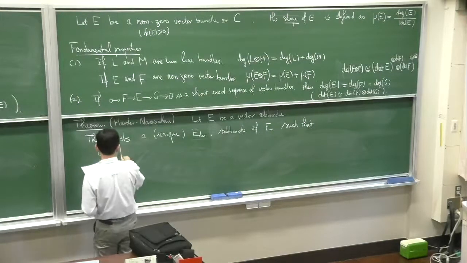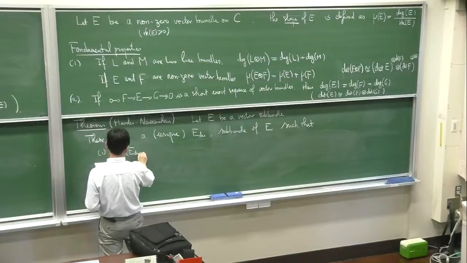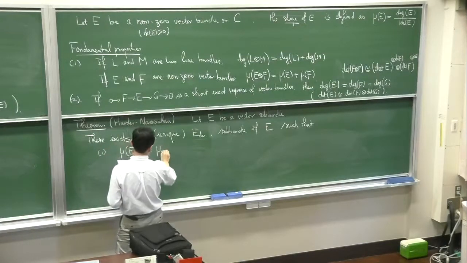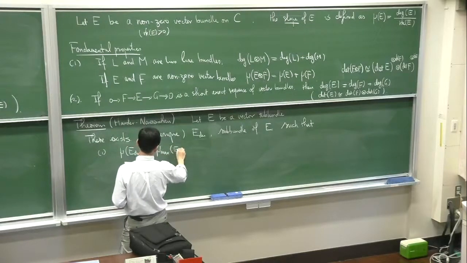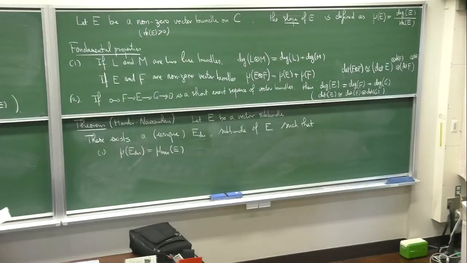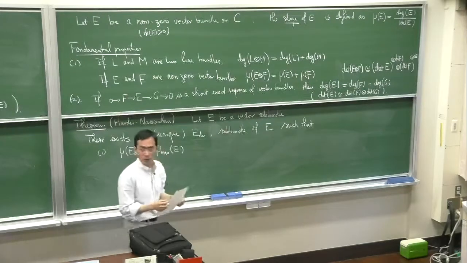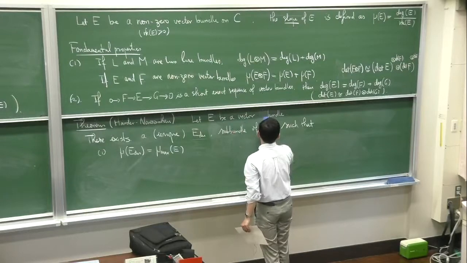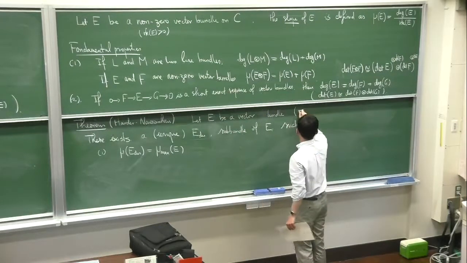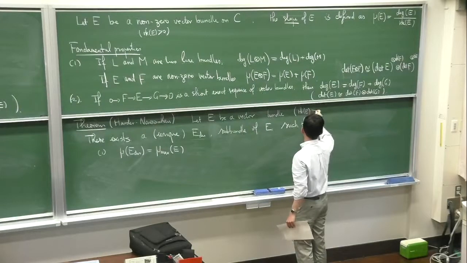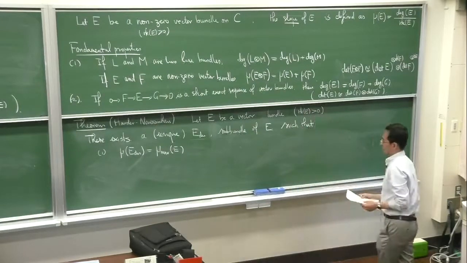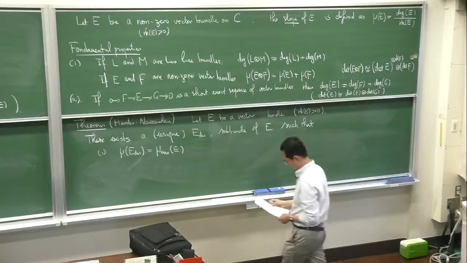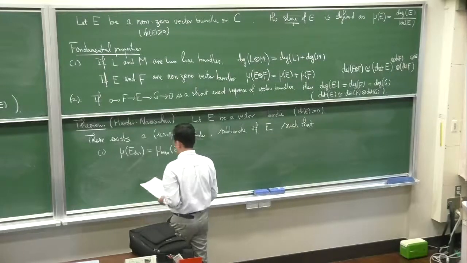First, this vector subbundle admits the maximal slope of E as its slope. So it attains the maximal slope of E.